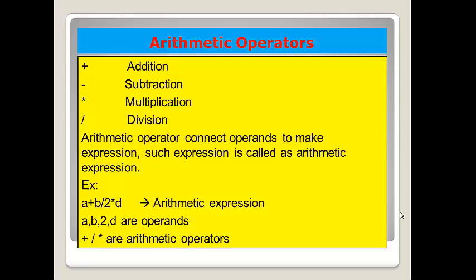Suppose by the help of an arithmetic operator we connect two operands. It makes some equation. Equation is also called an expression, and that expression is called an arithmetic expression. For example, a plus b slash 2 star d. In this case, a, b, 2, d are all operands.